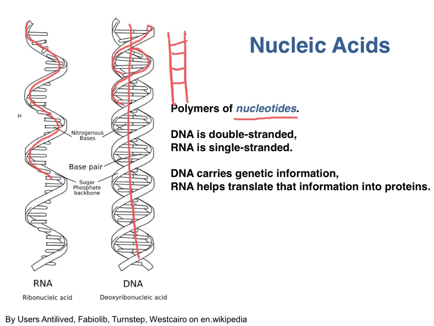RNA helps take that genetic information that's in DNA and translate it into proteins. We'll talk about this more when we talk about how cells function, but for now understand that RNA is an intermediate step. RNA is an essential step in taking the information in DNA and using that information to make proteins that actually carry out the work of cells.